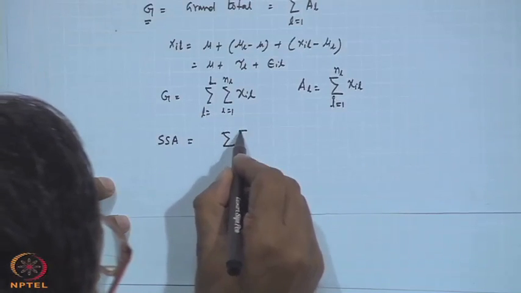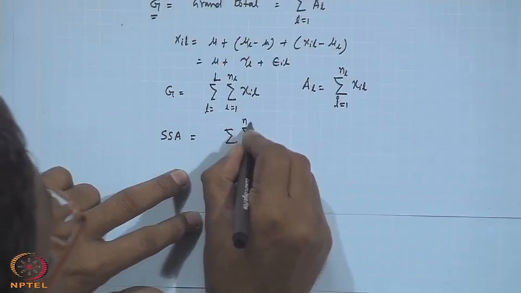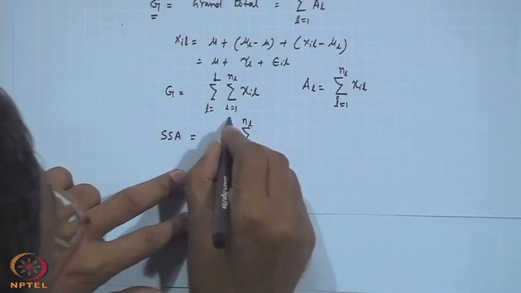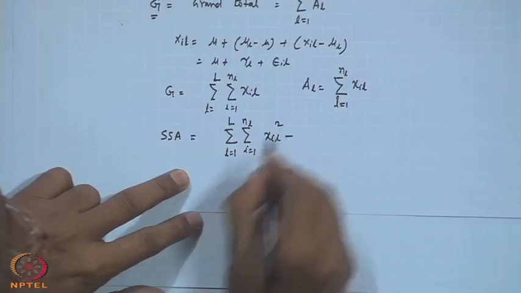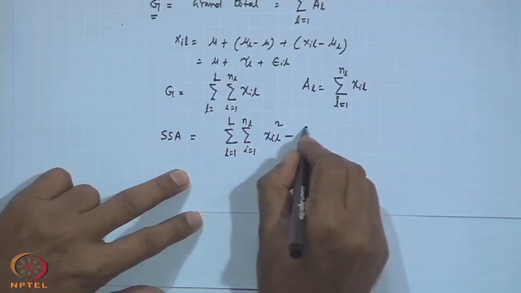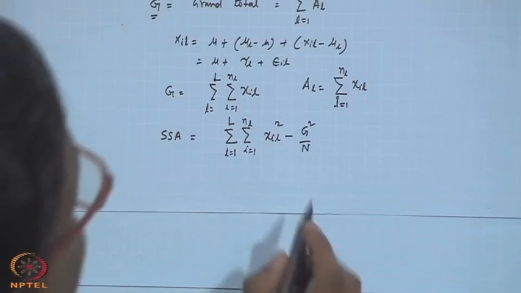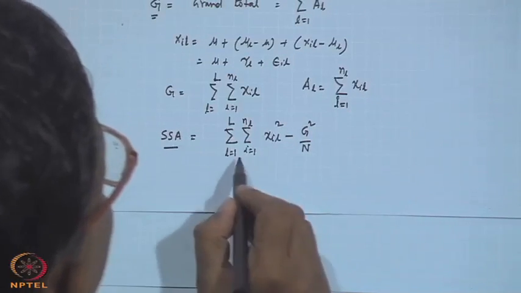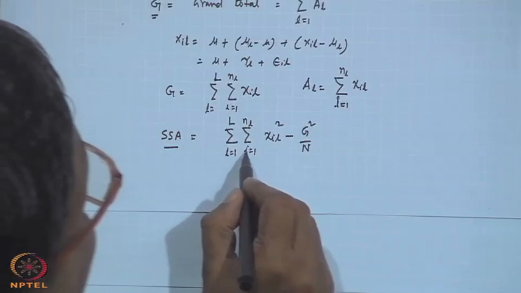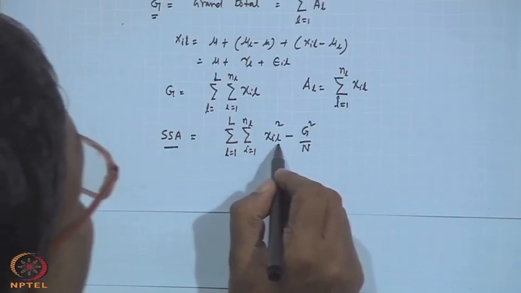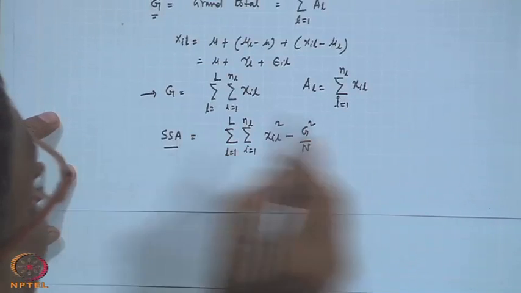Write down: sum over L equal to 1 to capital L, I equal to 1 to NL, XIL square minus G square by N, where G is the grand total.